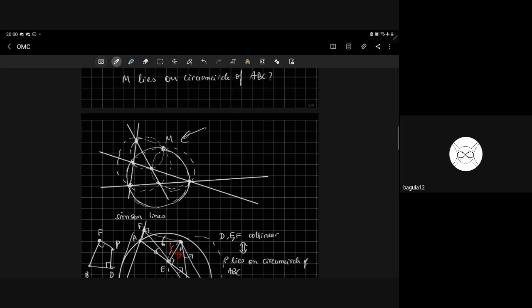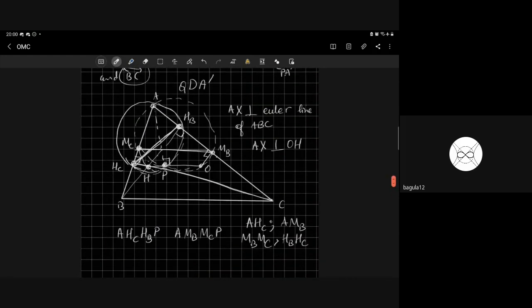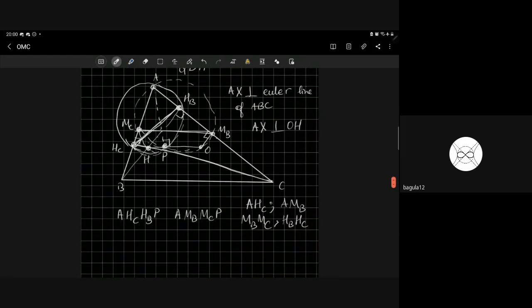This is the Miquel point of the quadrilateral, this entire figure. So if it lies on two circles, then it must lie on two more circles.